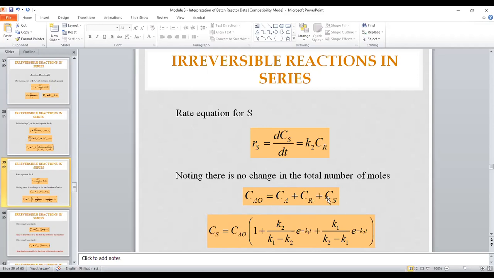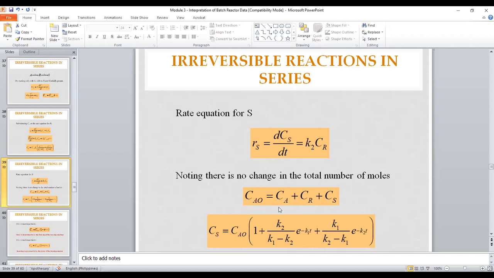R and S came from A, and there's no amount of R and S initially present. So the initial concentration should be equal to whatever is left of A, plus the two substances that were formed from A. So you have C sub R plus C sub S in here. Now, what's the purpose of this?